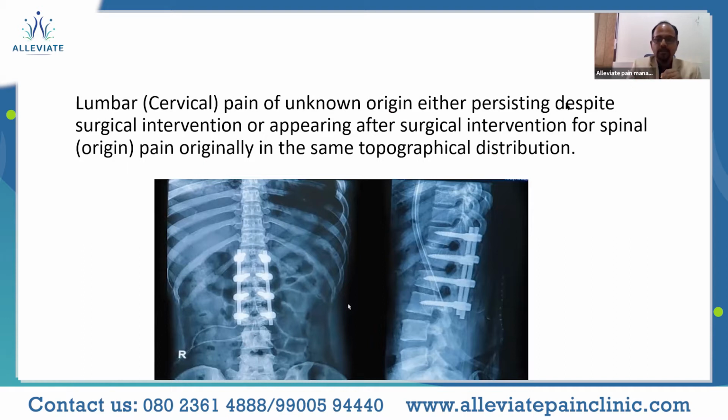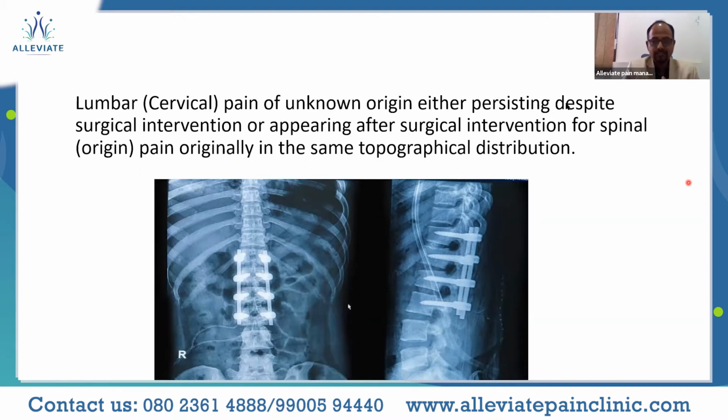What I will be talking about is the IASP definition, which states that it is a lumbar or cervical pain, anatomically at the lumbar or the cervical level, of unknown origin, either persisting despite surgical intervention or appearing after surgical intervention for spinal pain, originally in the same topographical distribution.